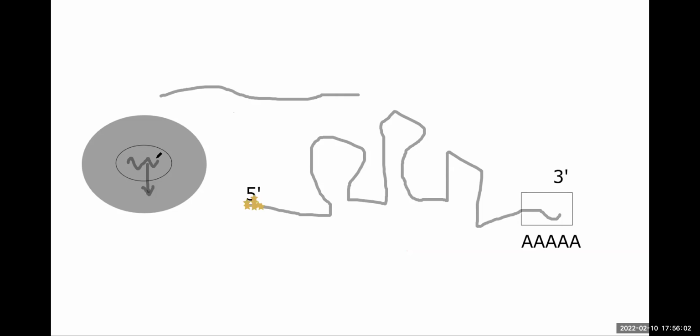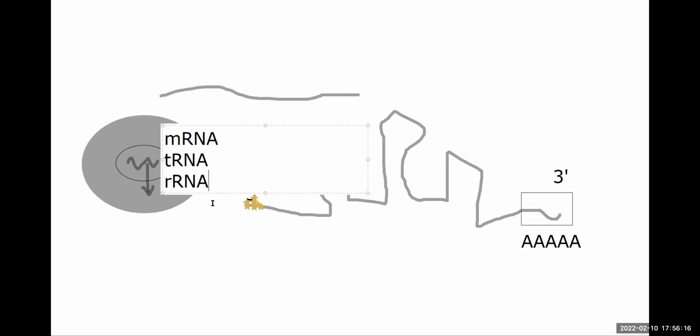But if you're interested in one specific RNA, because in this cell there are many types of RNA, mRNA, tRNA, and rRNA, and you're doing an experiment where you need only mRNA, how do you take it out?